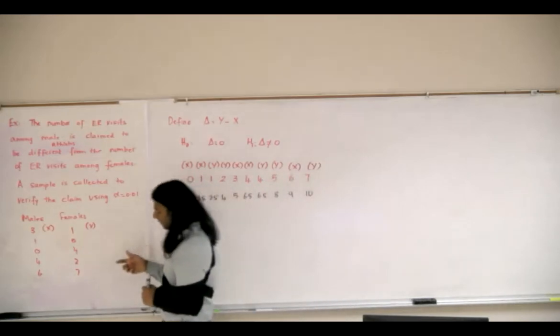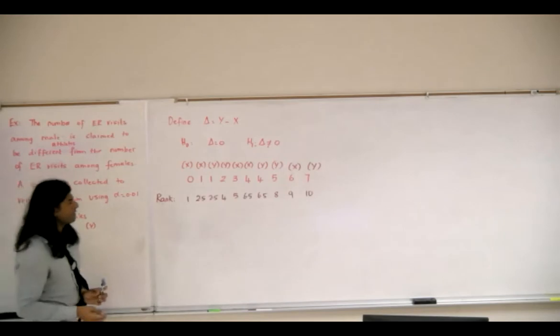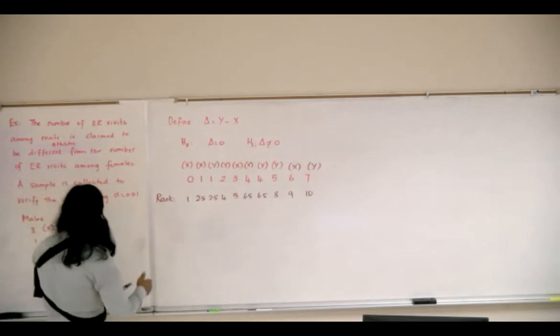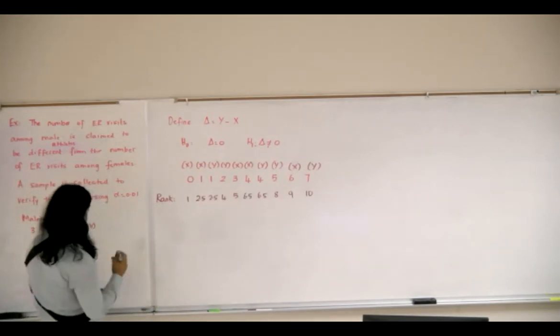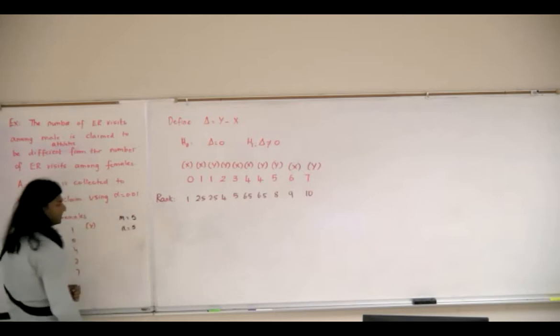So based on the convention that we had, based on the procedure that we went over, we defined the sample size of X to be M. In this case, it really doesn't matter. M is 5, N is 5.